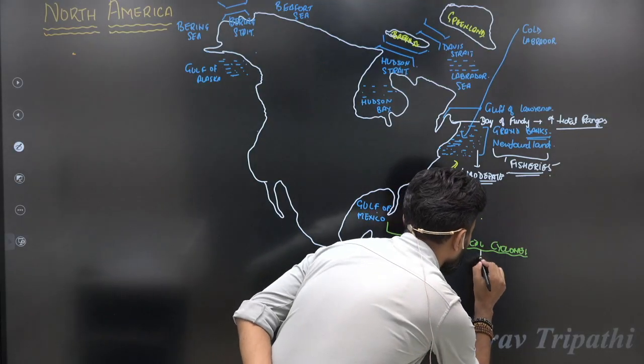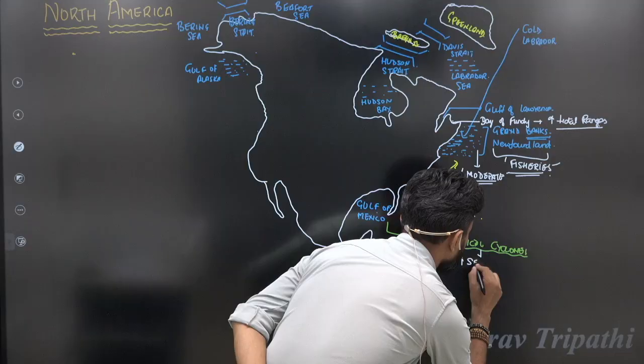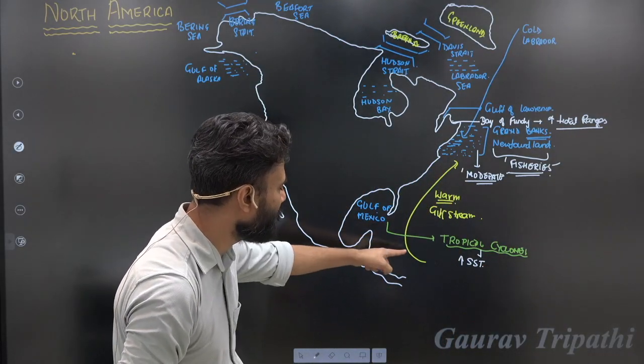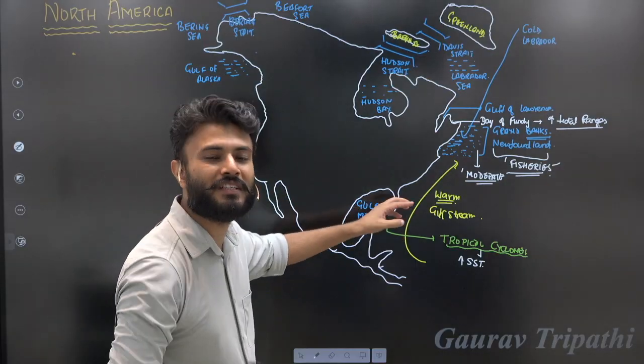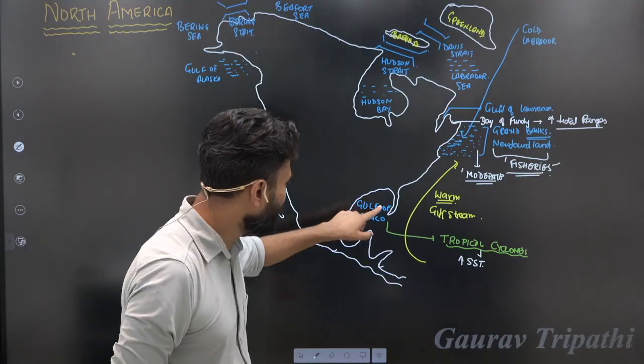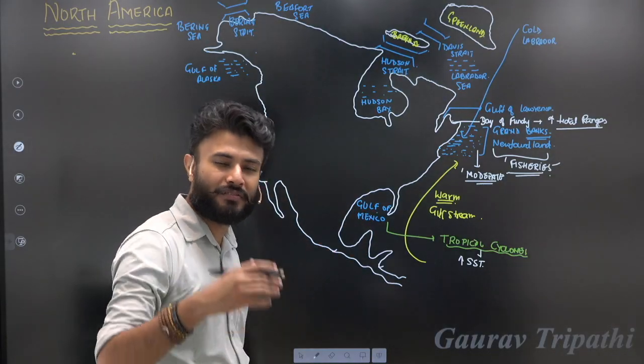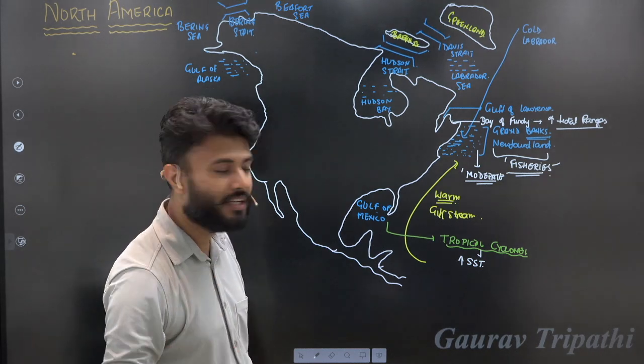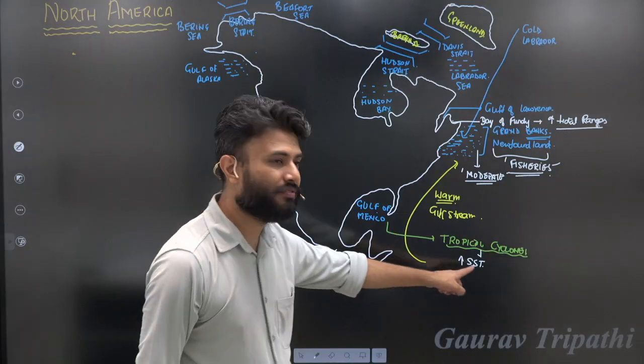If tropical cyclones require high sea surface temperature, and here we are saying that this is the region where you are having warm ocean current, which is supplying warmness to the region. So this is the area where the sea surface temperature goes beyond 28, 29, 30, 32 degrees Celsius. This is warm water. So this is the first thing.